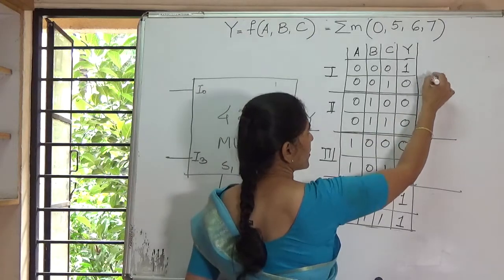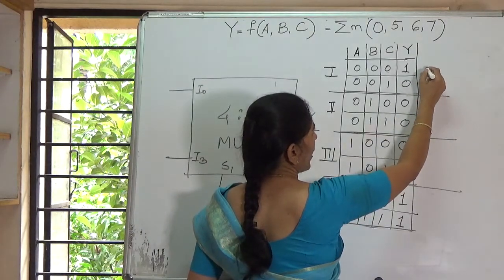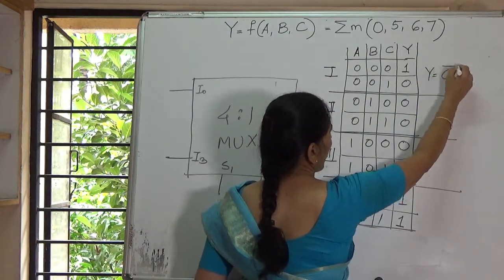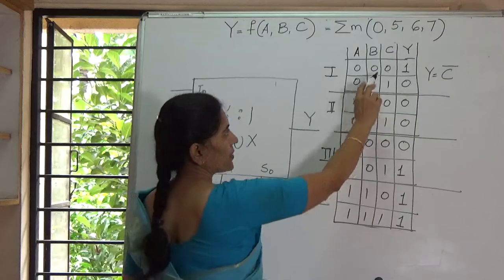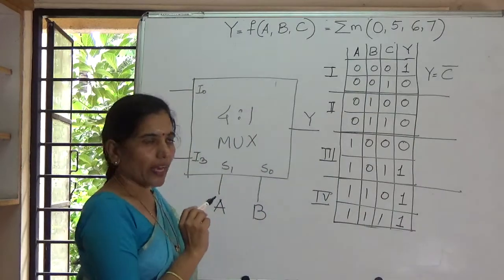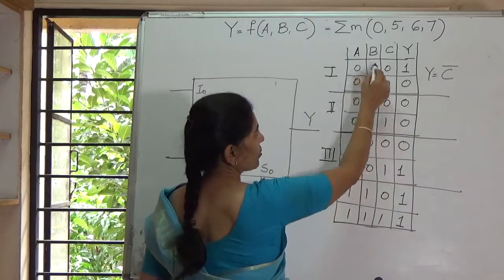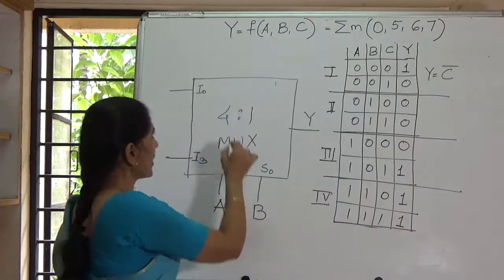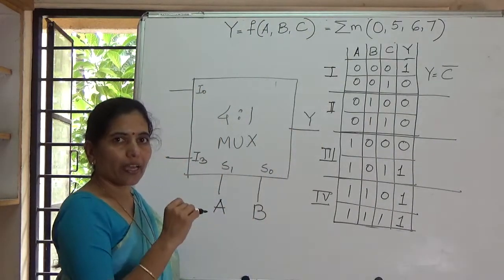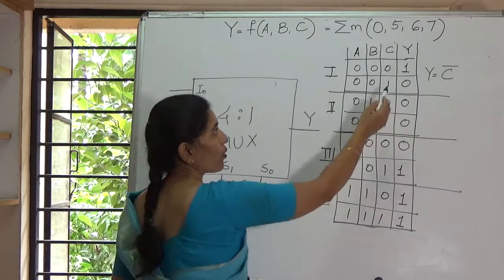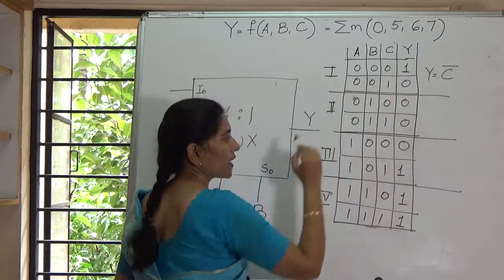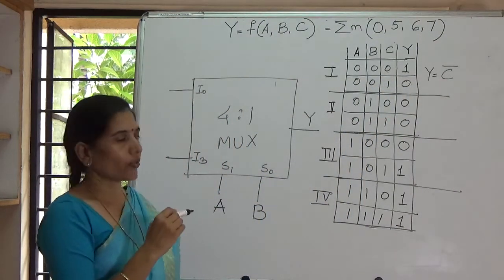So we can write over here that the output Y is related to C as its complement, C bar. If C is a 0, Y is a 1. If C is 1, Y is 0. That means if with the 0, 0 combination the first line is selected, that is I0, we want the output to become equal to C bar. It will give us the proper output: if it needs to be a 1, it will give us a 1, if it needs to be a 0, it will give us a 0.